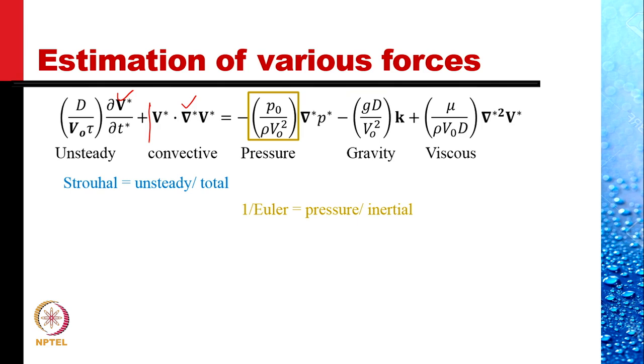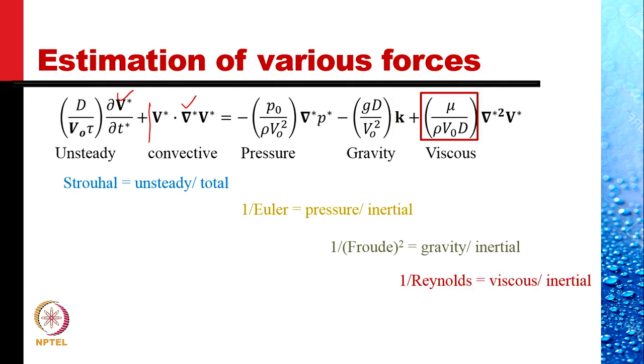The next can be interpreted as the ratio of the gravity force to the inertial force, and this is seen as 1 over Froude number squared. And the last coefficient is the inverse of Reynolds number and is the ratio of viscous force to inertial force.